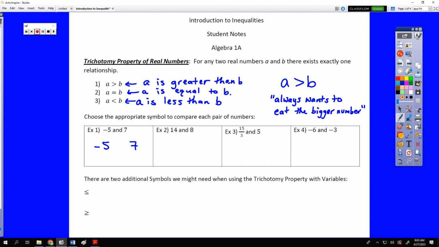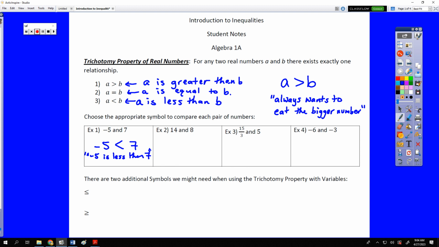Negative 5 or positive 7? 7 is bigger. So we should put the less than symbol between those two numbers, because negative 5 is less than 7. That's what that says in words. Negative 5 is less than 7.